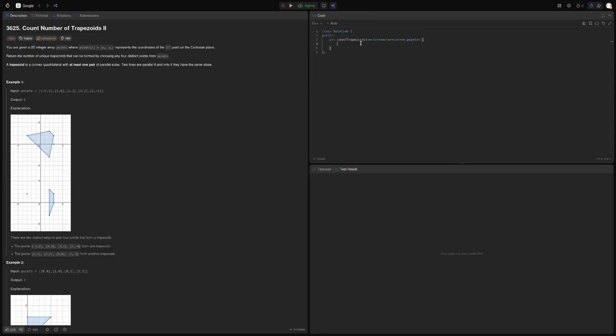So that will be n squared with a hash map, and then we have to store the slopes and the count. Unordered map with a pair of ints. Can you hash a pair?